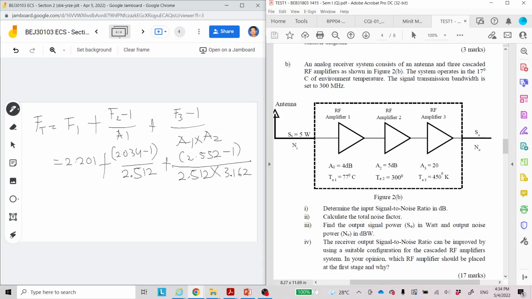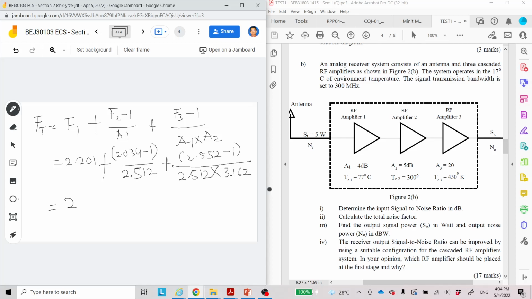Try using your calculator. This is equal to 2.201 plus 0.412 plus 0.195.